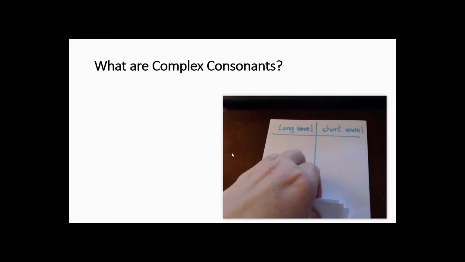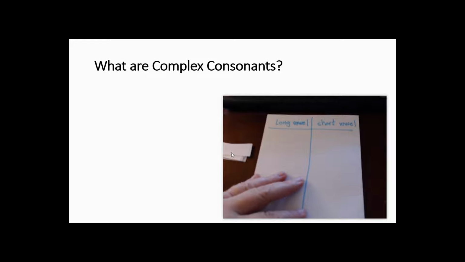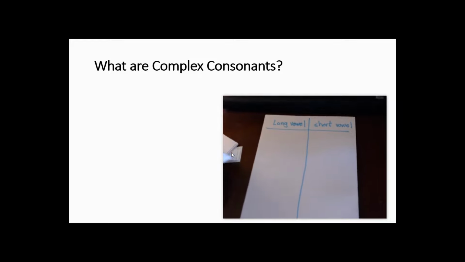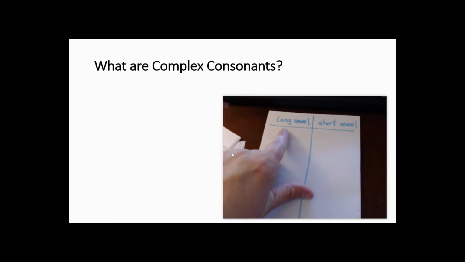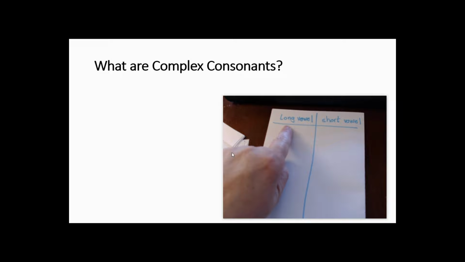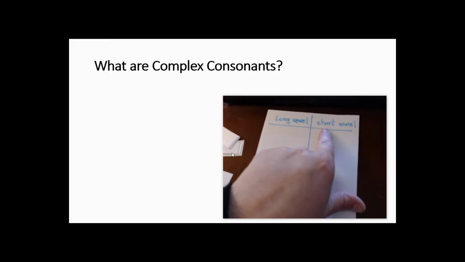The way I would introduce complex consonants to students, especially the complex consonant DGE, is like this. All right, class, we are looking for words that have a long vowel, the vowels that say their name, A, E, I, O, and U, or a short vowel.